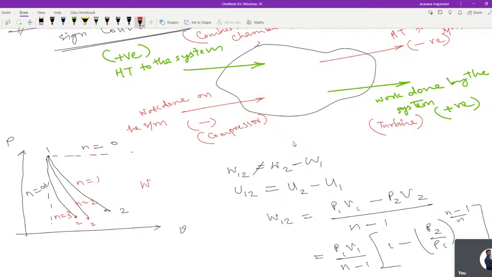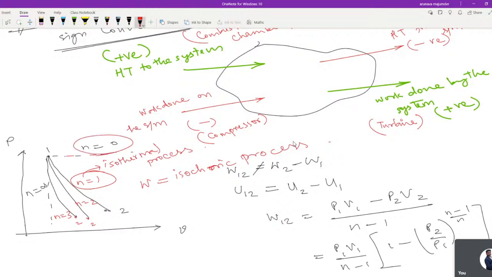Work done is going to be 0 for an isochoric process. In the isothermal process, if you substitute, it is going to be n equals 1.